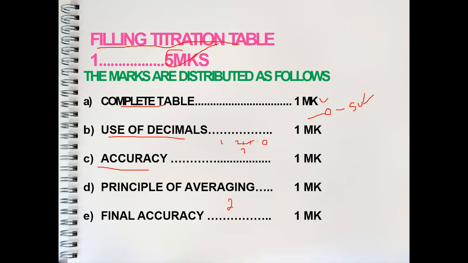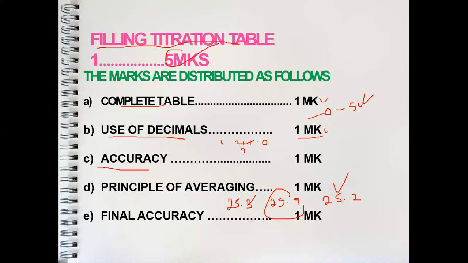So for example, if you have 25.3, another one is 25.9, another one is 25.2. So you will only take this one and this one, you add them, then you divide by 2. So you ignore this because this one is not in the range of negative or positive 0.2.